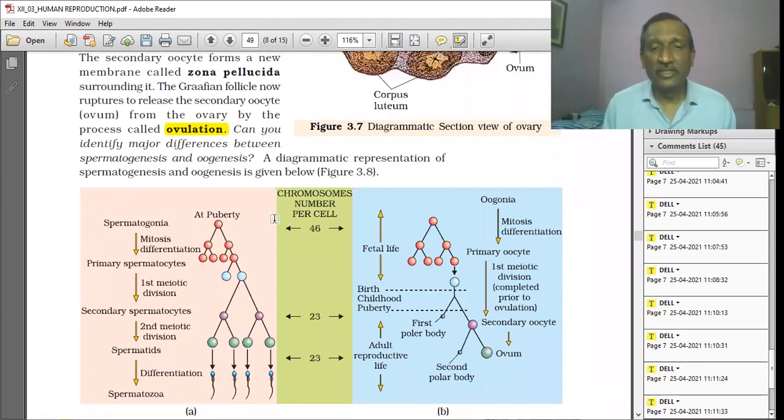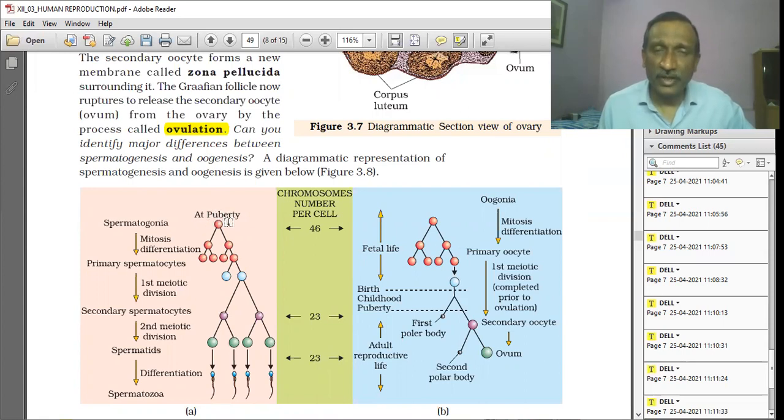So now you can differentiate। यहाँ पे आपको difference है। This chart is very important. Let us talk about this। तो यहाँ पे दिया spermatogenesis, दिया oogenesis। Spermatogenesis कब शुरू हुआ? At puberty। ये कब शुरू हो रहा है? When in the fetal life. Here it is mentioned fetal life. ठीक है, let us finish first spermatogenesis.